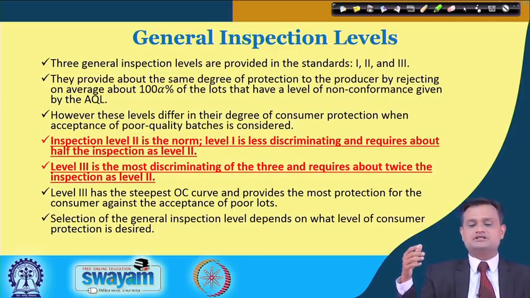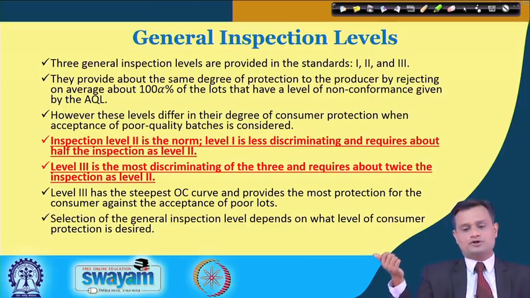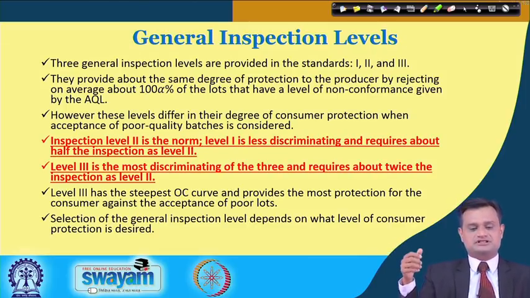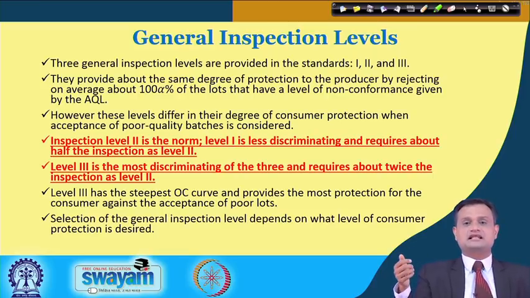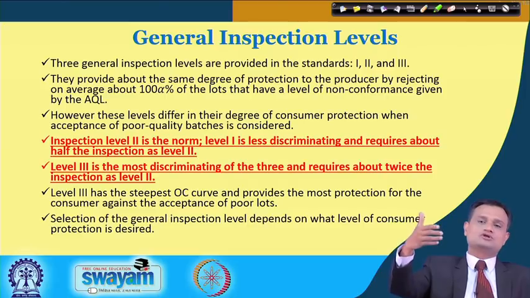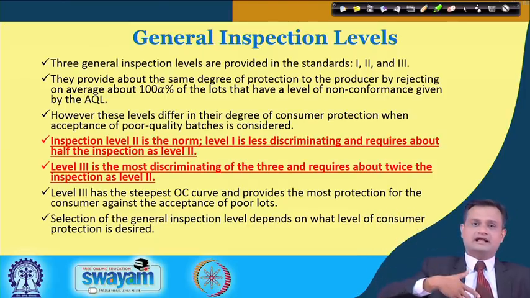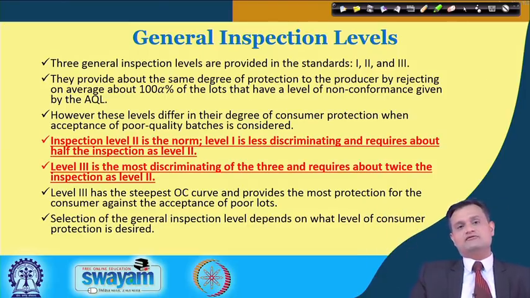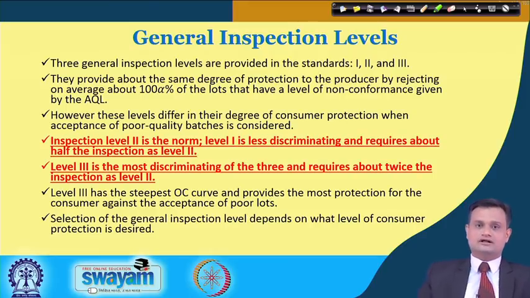Typically they provide about the same degree of protection to the producer, rejecting on average about 100 alpha percent, and inspection level 2 is the norm. Level 1 is less discriminatory and requires about half of the inspection compared to level 3. Level 3 is more discriminatory. As you go from level 1 to level 2 to level 3, the inspection level increases.